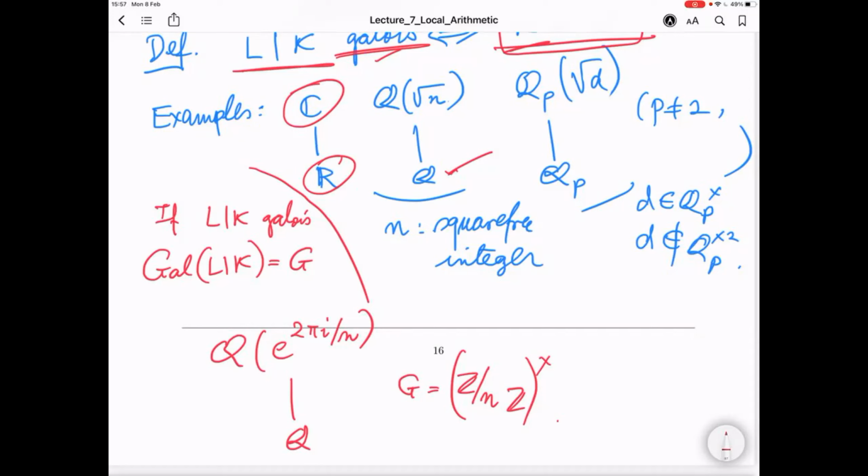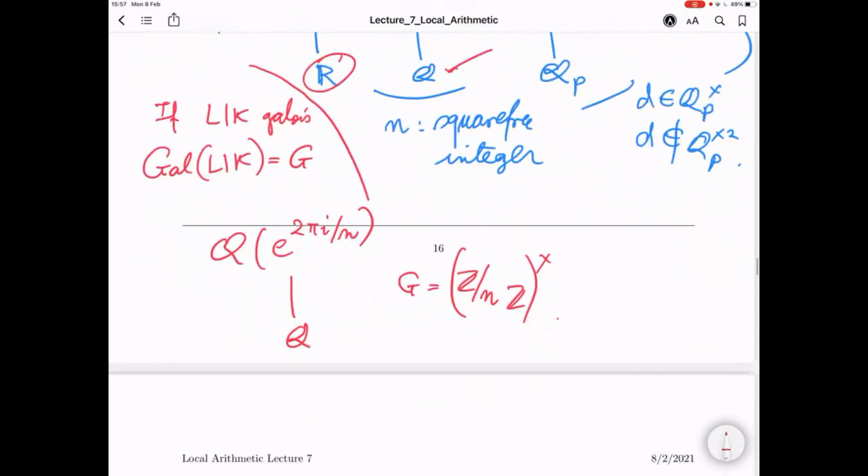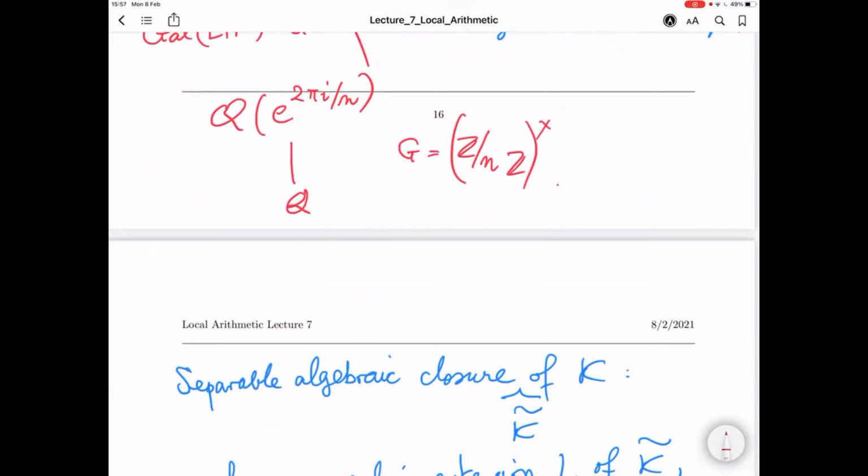Here is a more interesting example. You have Q adjoin e to the 2 pi i upon n, which is an extension of Q. And the Galois group here can be identified with (Z mod nZ) star.